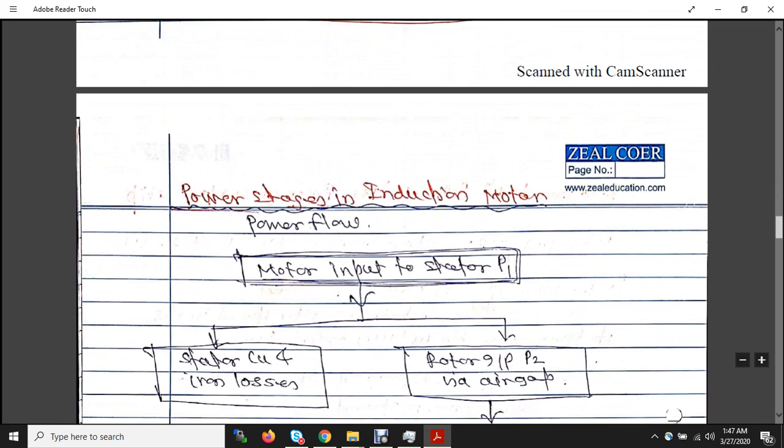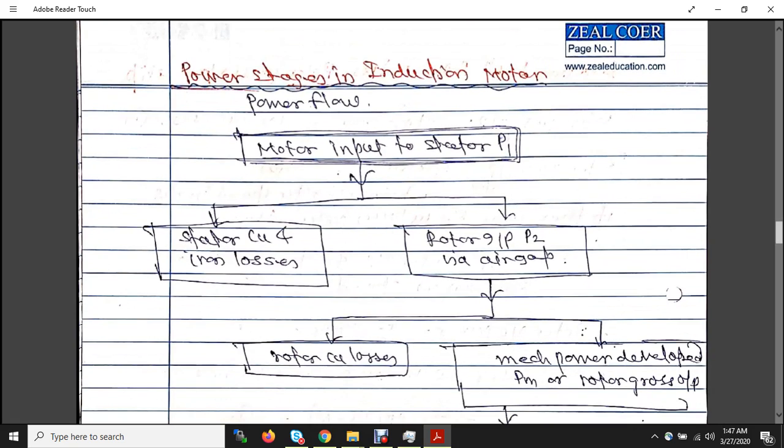Now let us see the power stages in an induction motor. So how does the power flow take place? The motor input to the stator is P1. Out of this, if we subtract the stator losses, that is stator copper and iron losses, you will get the rotor input via air gap. Now, the rotor has only the rotor copper losses, because the rotor iron losses are negligible, since the rotor frequency is very small, Fr equals SF2.